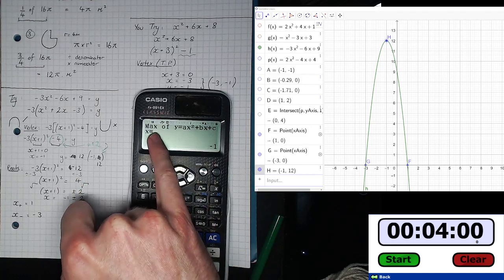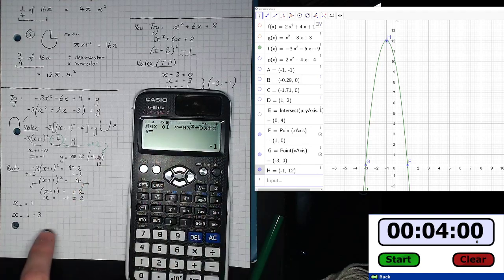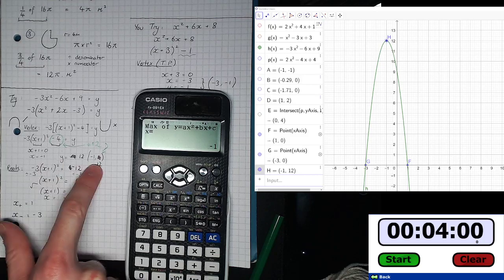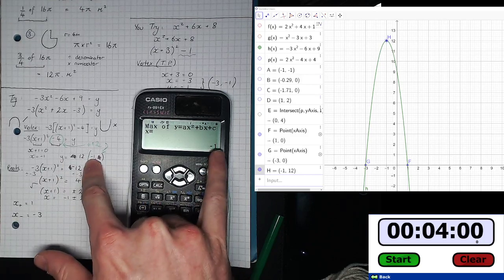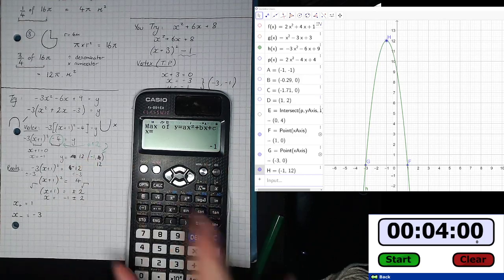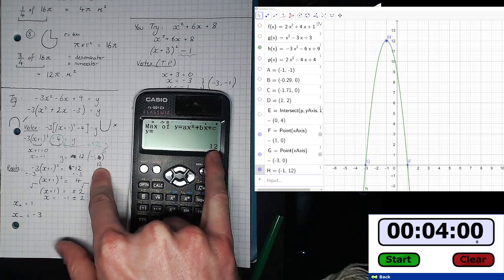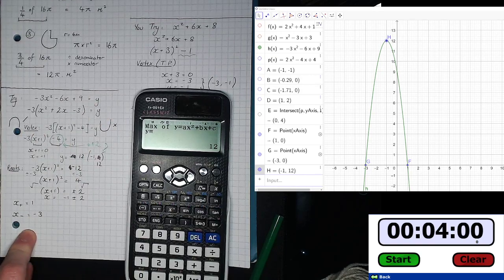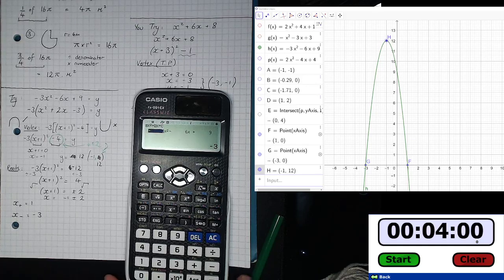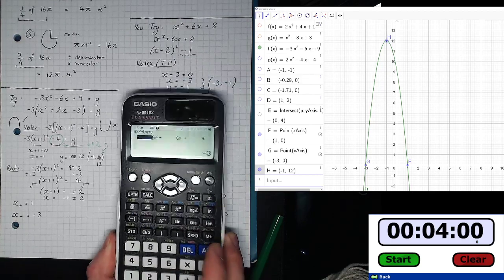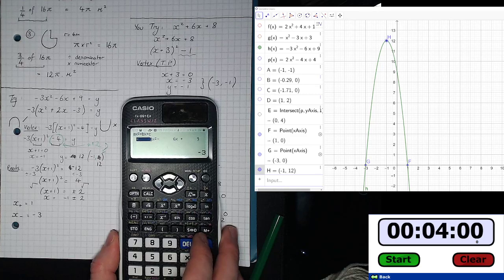We have the maximum of this, which is talking about our vertex, when x is equal to -1 and when y is equal to 12. It has told us all of this information all in one go. Very, very helpful, especially for error checking. And then it goes back to the quadratic screen just in case you want to try another one.